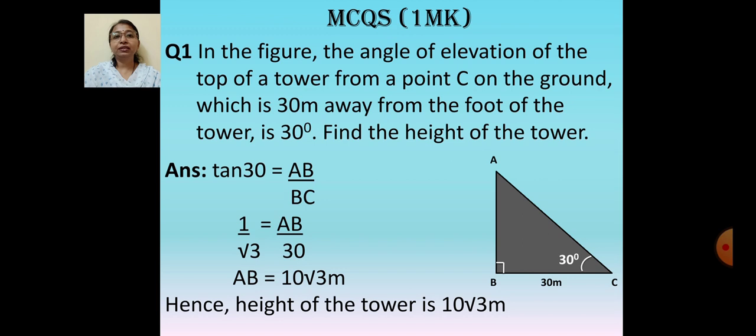Value of tan 30 degree is 1 upon root 3 is equal to AB upon BC, 30 degree given, cross multiply. Hence the height of the tower is 10 root 3 meters. Right? So in this way all these calculation you will do in rough notebook and you just have to click the correct option, that is 10 root 3 meters.